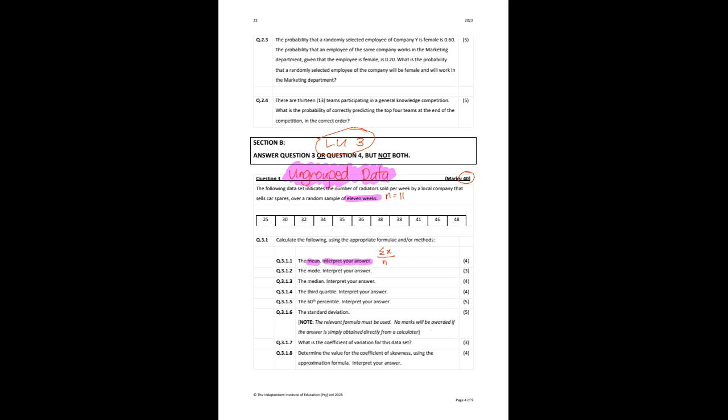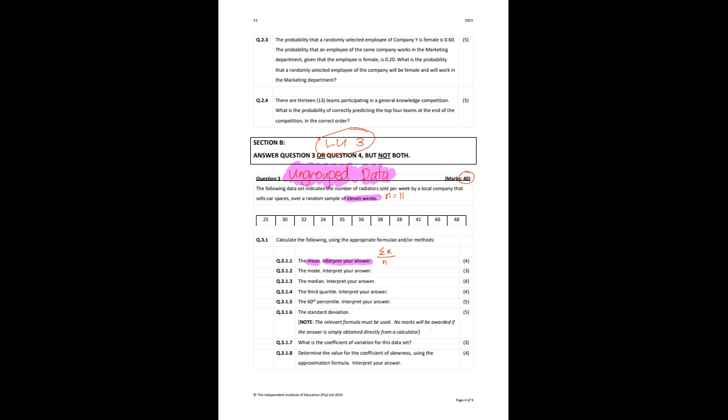That's the first one. The second one is asking you to identify the mode. This is by far the easiest question when it comes to your ungrouped data. The mode under ungrouped data is as simple as identifying the number that has occurred the most frequently. So you'll find the most common or most frequently repeated value.